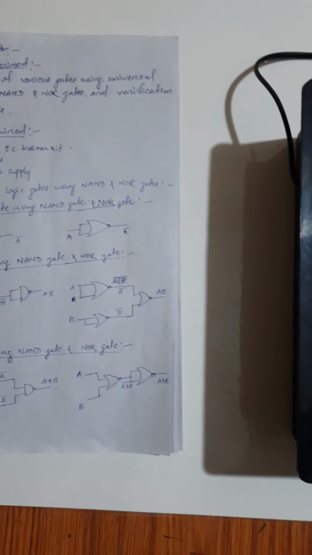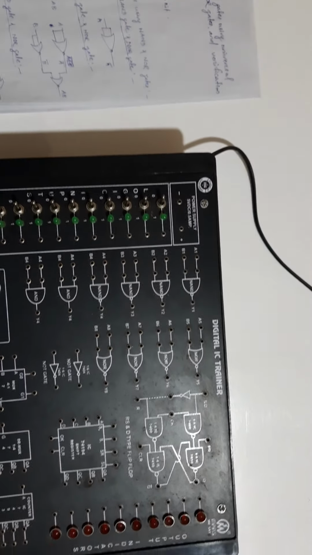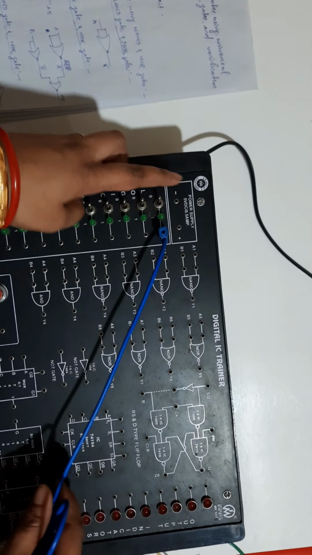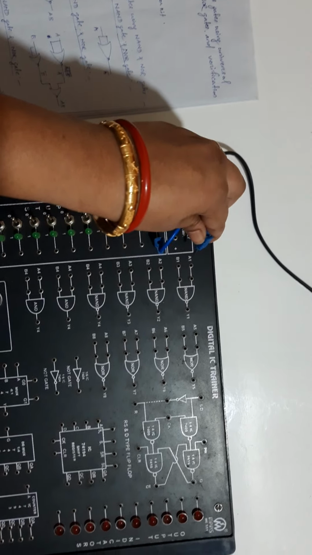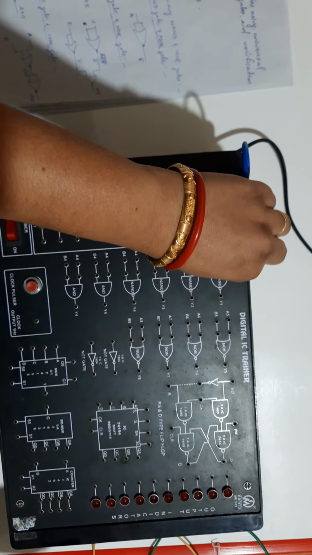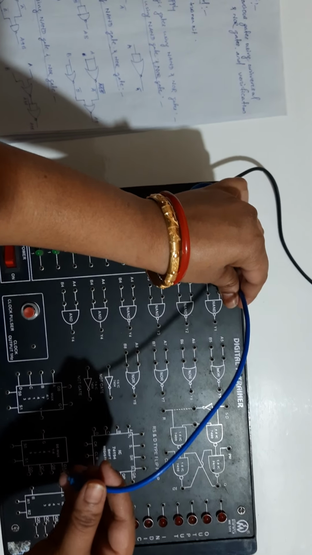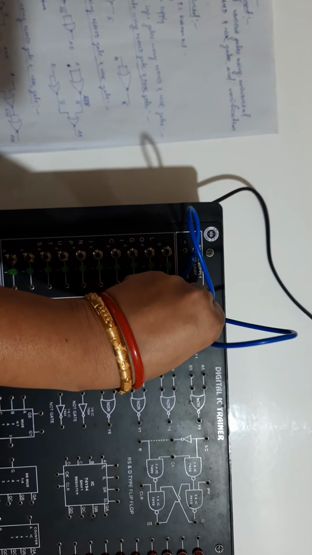We can design this gate here in the digital IC. What you will do, simply if you have one input, you are designing NOT gate here, so you are shorting these two terminals.